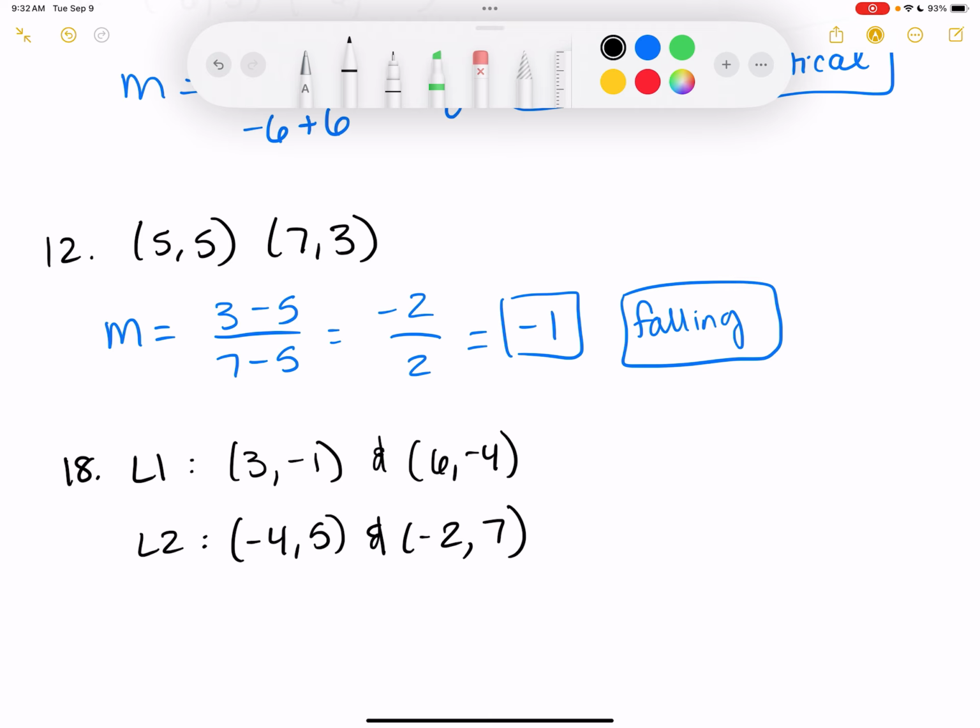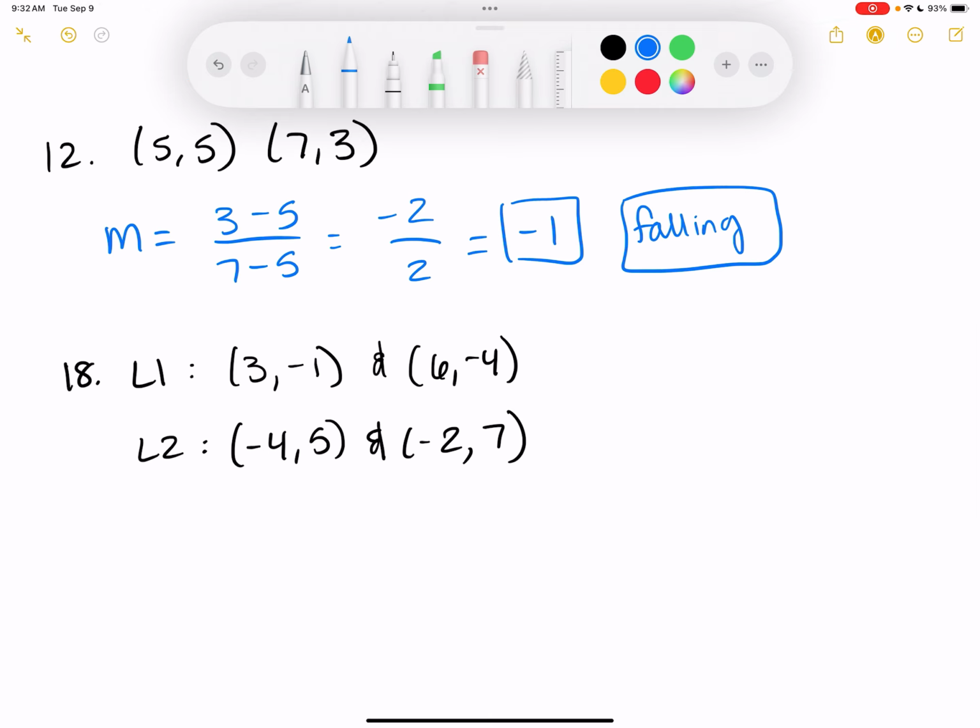When I'm doing this, I label my slopes as slope 1 so that I know that's for line 1, just so I don't get them mixed up. I've got negative 4 minus a negative 1, so that's plus 1, over 6 minus 3. So that means I've got negative 3 over positive 3, which is negative 1.